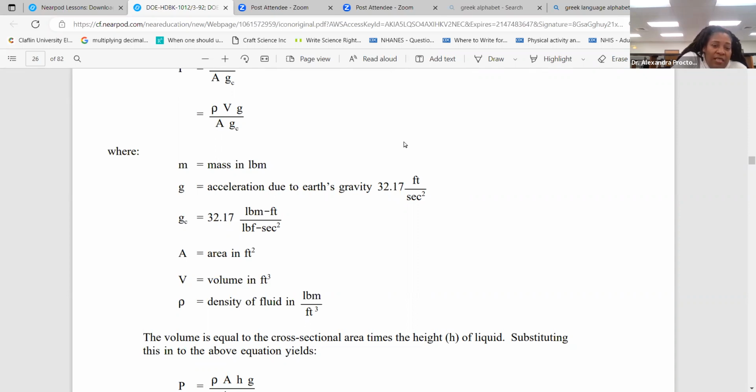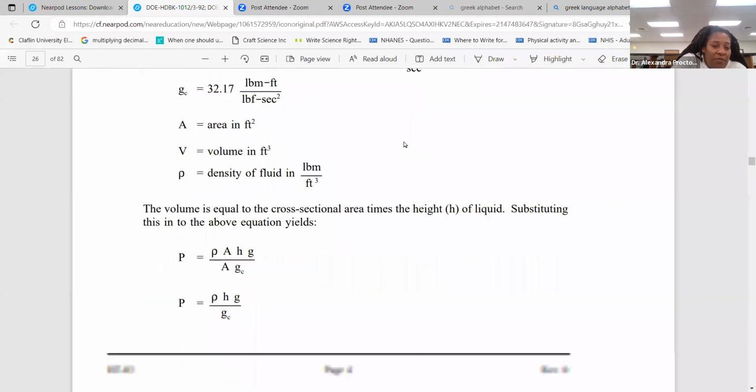So the volume is equal to the cross-sectional area times the height. And so that's why you're able to make this substitution, where P is equal to rho times A H g divided by A over G sub C. The A's cancel out.